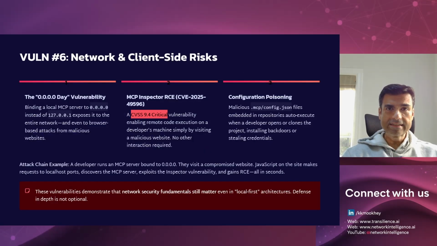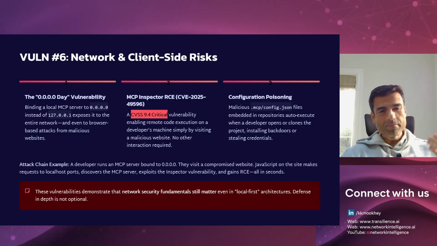On the client side risks and network risk, if you're building a local MCP server and you bind it to the IP address 0.0.0.0, it would get exposed to the entire network, local network. Whereas what you want is to bind it to the local host IP address, which is 127.0.0.1.